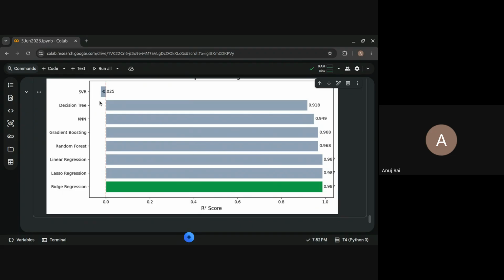In some cases, linear regression might work better if there is a direct correlation, a linear pattern. Random forest might work, and in most cases, ridge and lasso might work. It totally depends on your data and the pattern in the data, which determines which model to use.